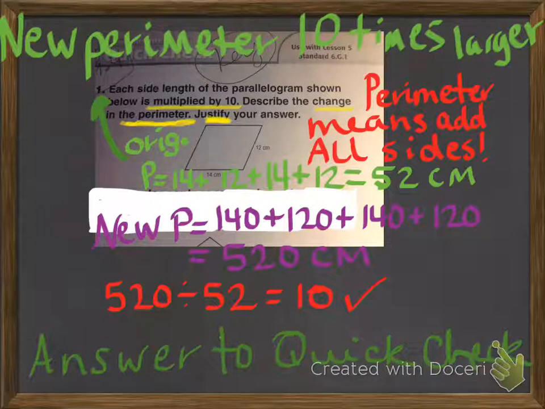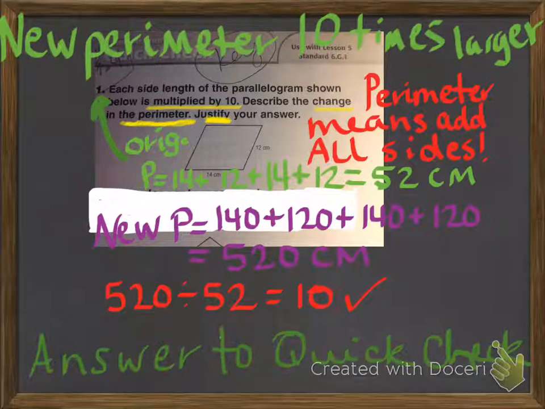So in the original figure of the parallelogram, the perimeter would be the side 14 plus 12 plus 14 plus 12, with a total perimeter of 52 centimeters. The new perimeter, because you are multiplying each side by 10, you would have a side that's now 140, 120, on a parallelogram. Opposite sides are the same.